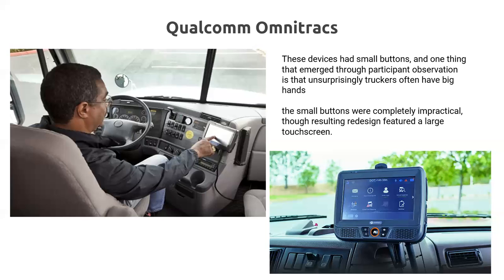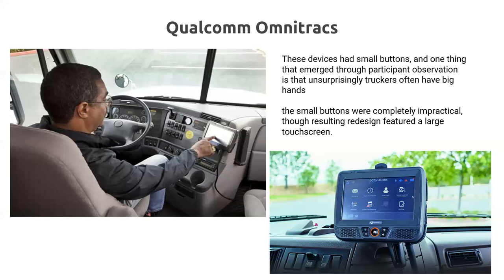Okay, and we can gather the information that the truck driver is actually having trouble by looking at how many times the truck driver pressed the wrong button, or how long it takes for the truck driver to find the right button.